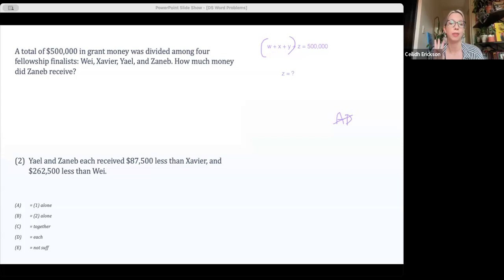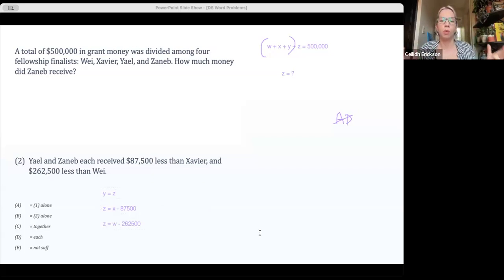We could actually write 3 equations based on the information, because that word each is doing a lot of work here. That word each is telling us that Y equals Z. And then in terms of Zainab, who we're solving for, we could say that Z is Xavier's amount minus 87,500. And then we could say that Z's amount is Wei's amount minus 262,500.